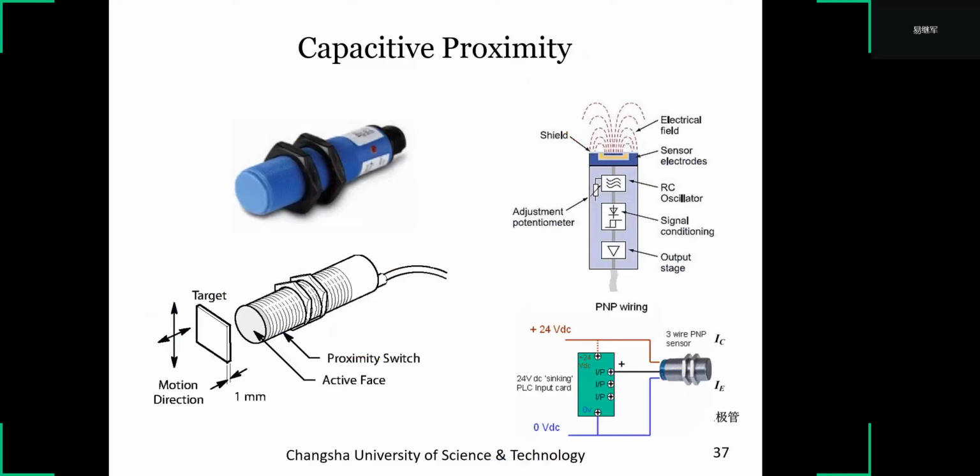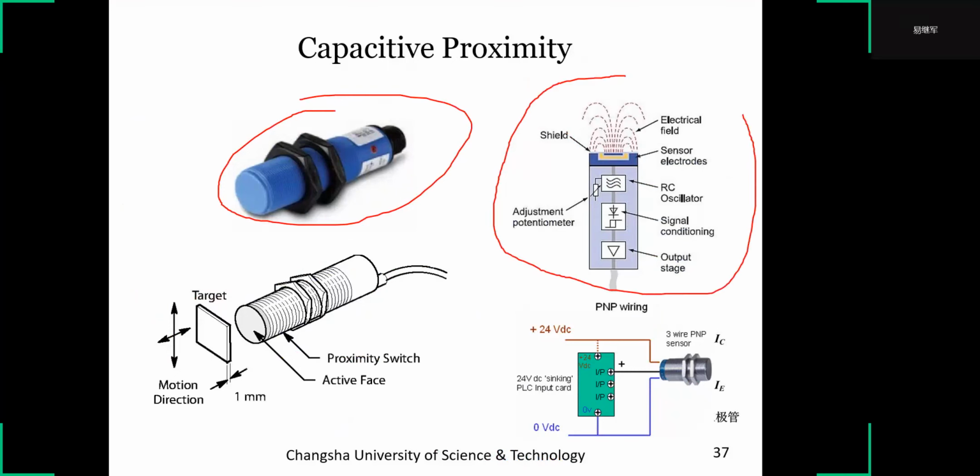This is a capacitive proximity switch. This is the structure. This is the active phase, and this is a target.